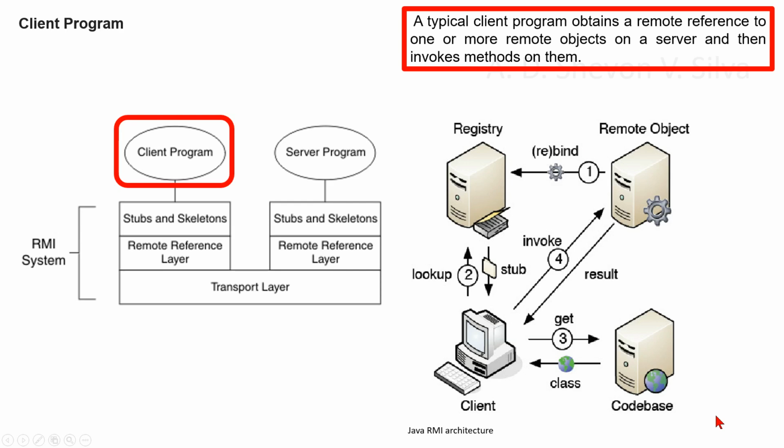Java remote method invocation, RMI, allows the distribution of Java objects, enabling clients to invoke methods on remote objects.